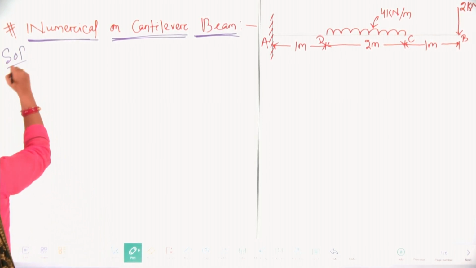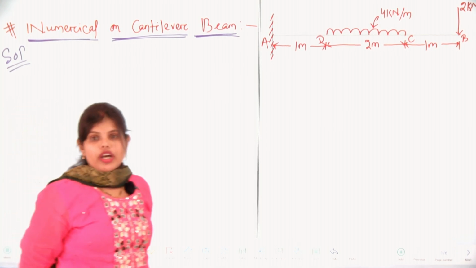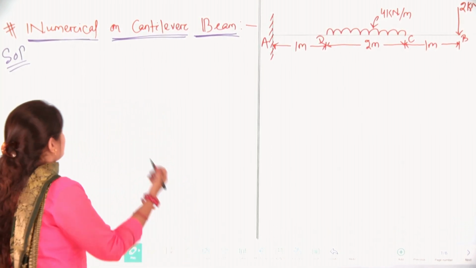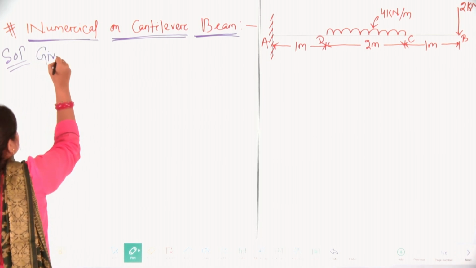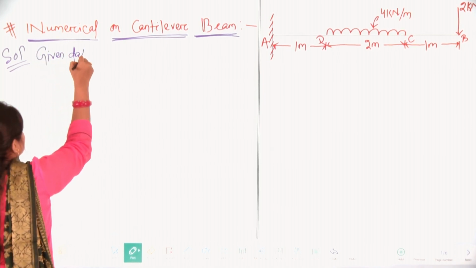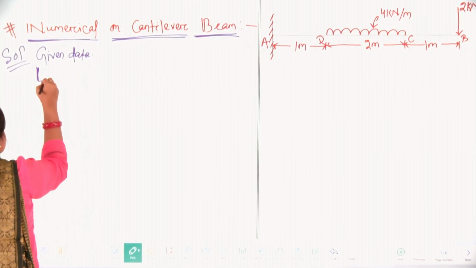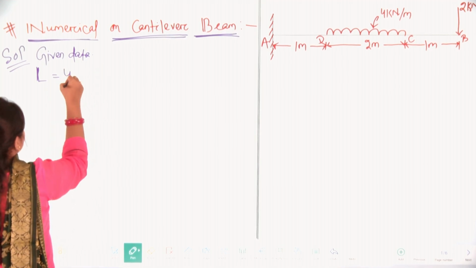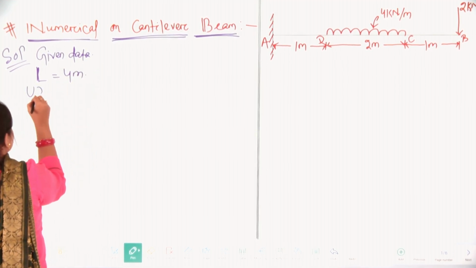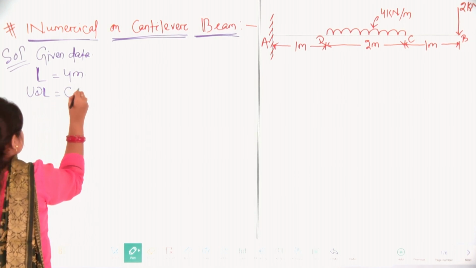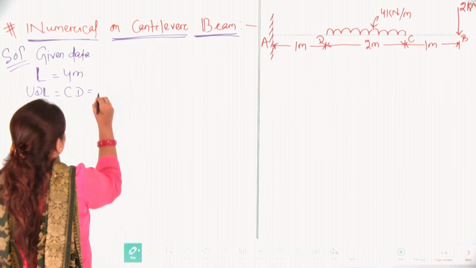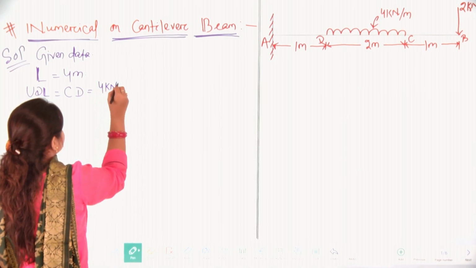In your general examinations, the first thing we have to do is write the given data. We know the total span L equals 4 meter, and the UDL on CD is 4 kilonewton per meter.